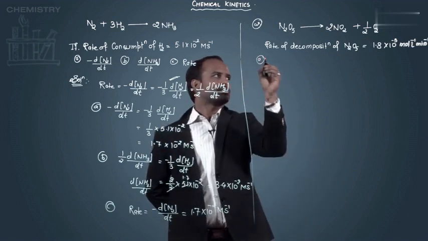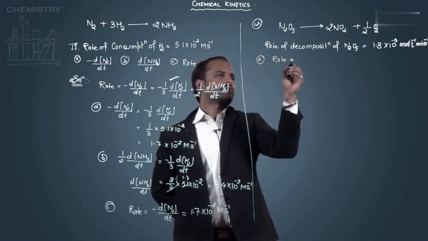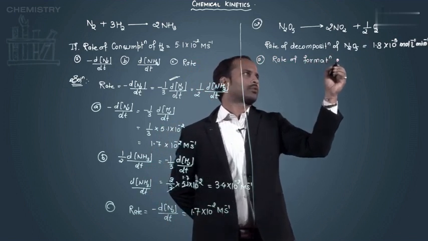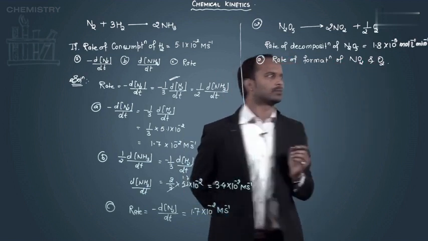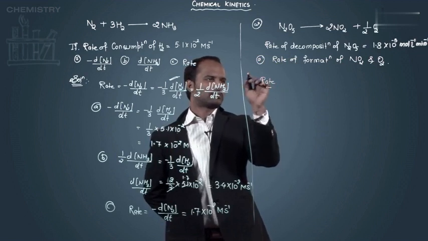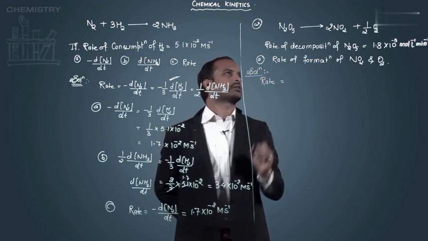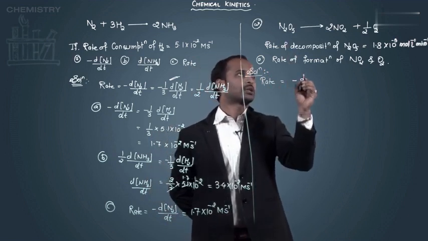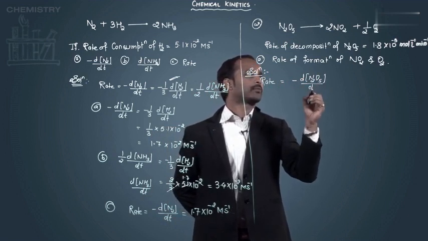So to find these, we have to calculate the rate of formation of NO2 and O2. Simply, I will say first write the rate of reaction. Rate is equal to, in terms of N2O5, the coefficient is 1, so it is going to be the same: minus dN2O5 upon dt.